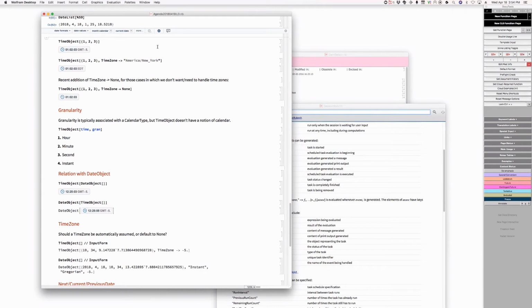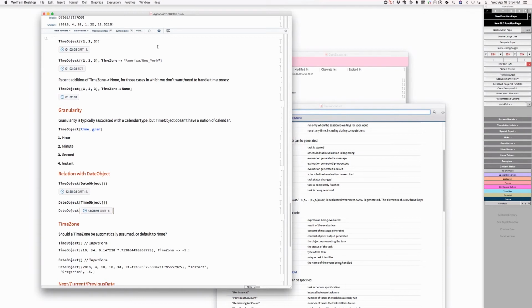Is it generally assumed not to have a time zone unless you say it needs to have one? Or are we thinking of it as a specific version of this generic date concept? And if that's the case, should we explore that in more detail? I want a time object to be a time zoneless thing.